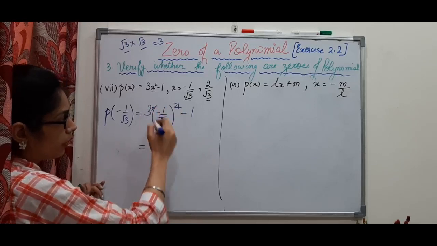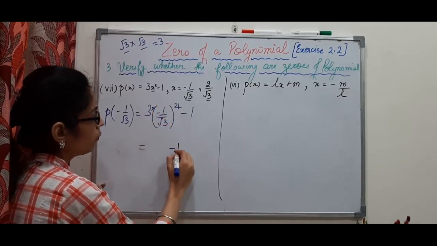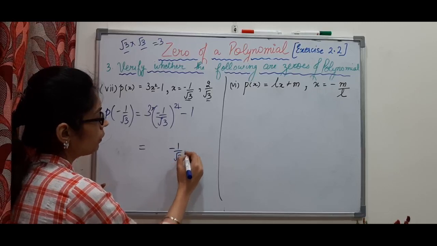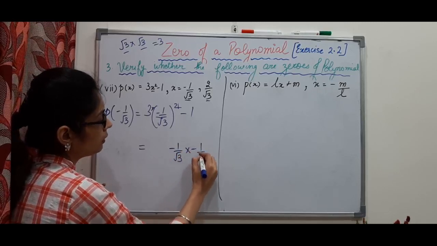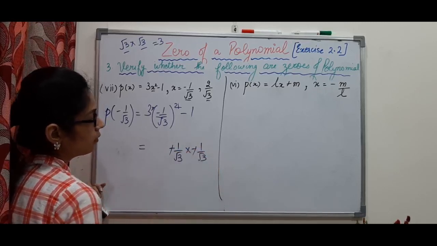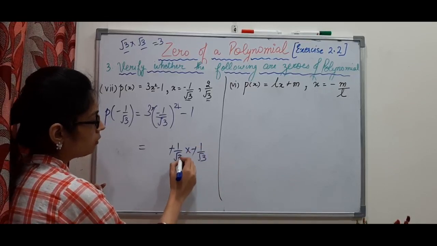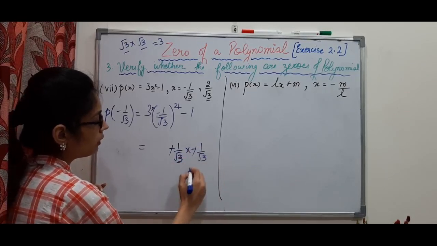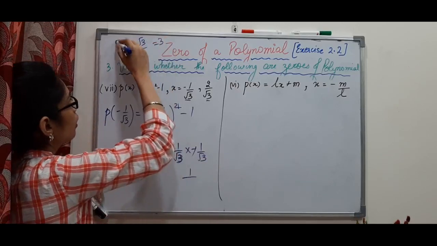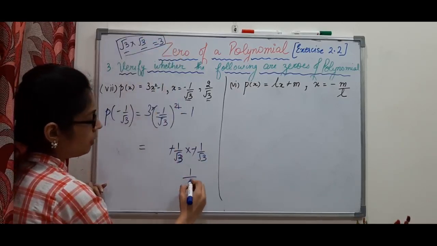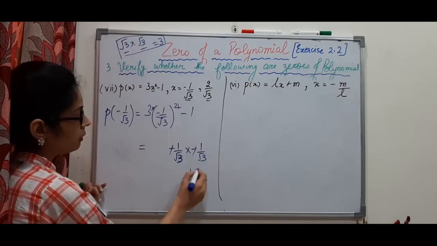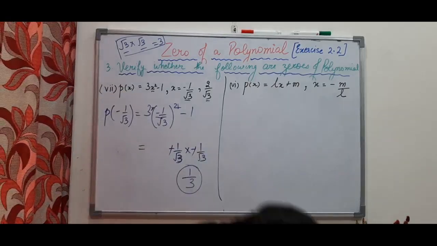Again, this square means we are doing the square of this whole term, minus 1 by root 3 into minus 1 by root 3. Minus and minus sign will get cancelled. Root 3 multiplied by root 3 will become 3. I have shown you how it will become 3. So this whole expression will become 1 by 3.